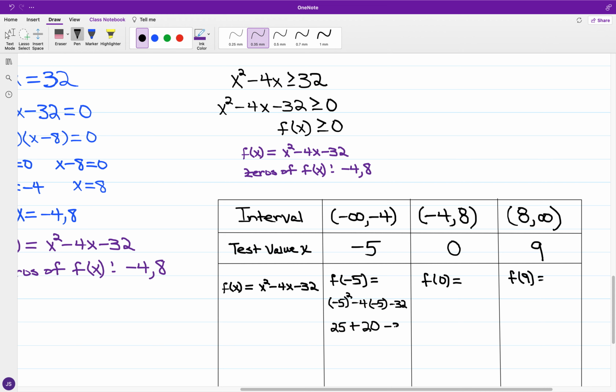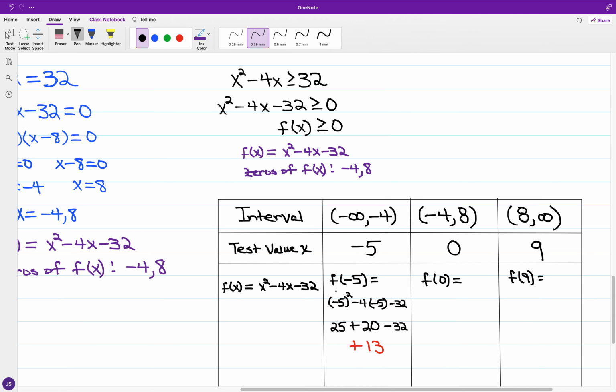And if we take away 32, we're going to be on the plus side at 13. Now for f of 0, plugging in 0, we got 0 squared is 0, minus 4 times 0, which is still 0, and we have minus 32, and the end result is going to be -32.